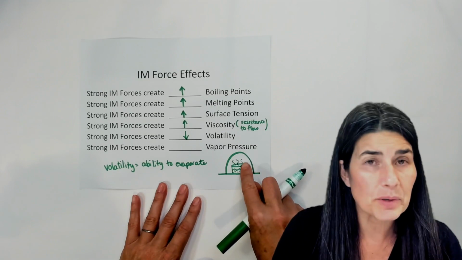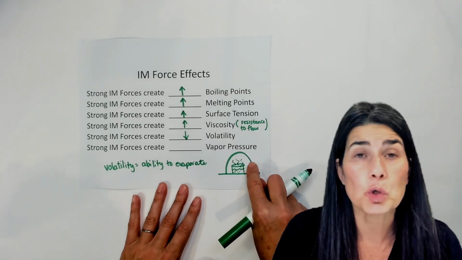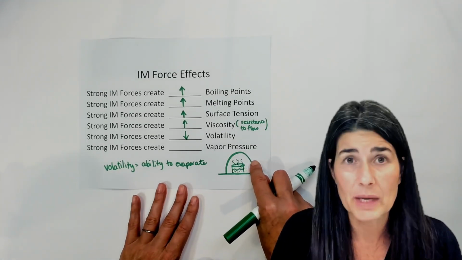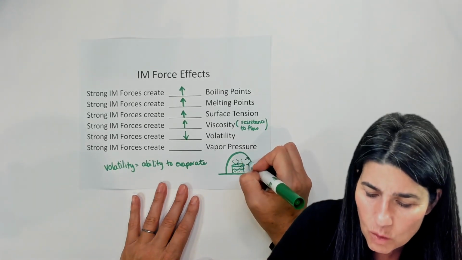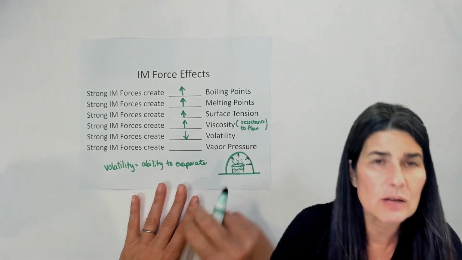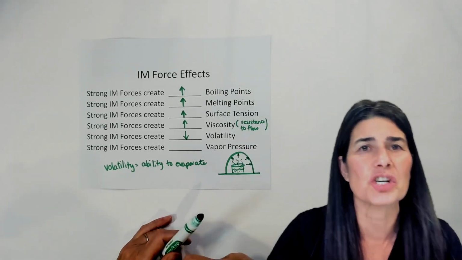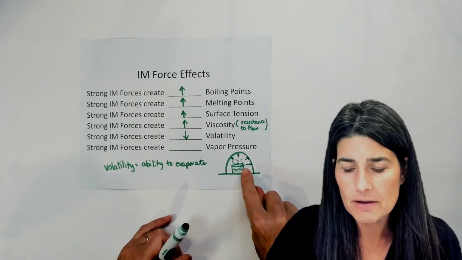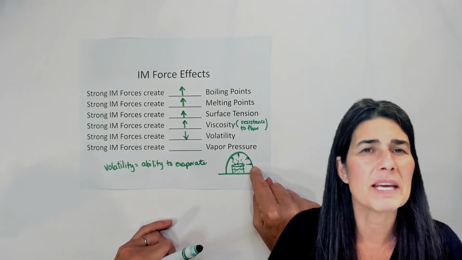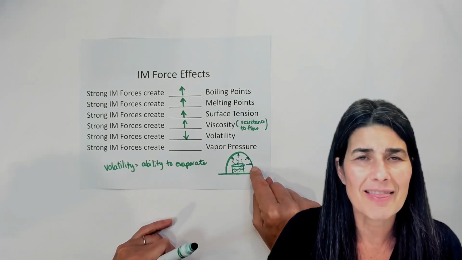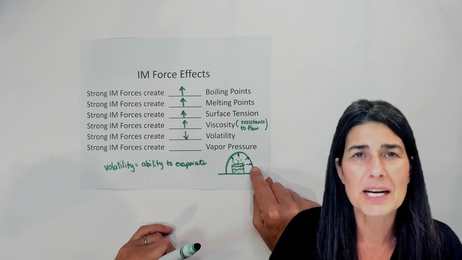And when it evaporates, the liquid turns into a vapor. That vapor is going to be hitting the walls of this container. It will be exerting a pressure on that container. The more vapor you have in here, the more pressure will be inside this container. That is the vapor pressure.